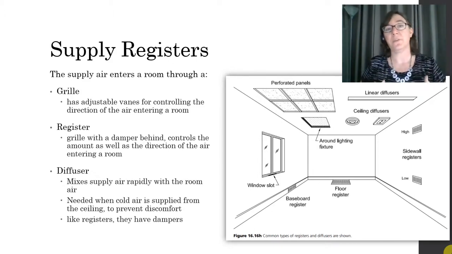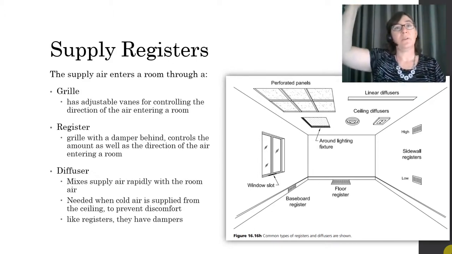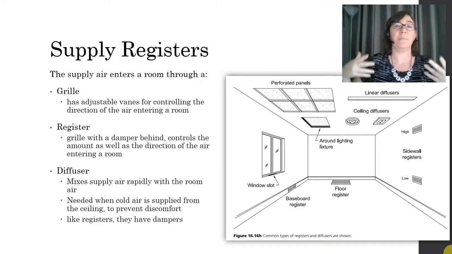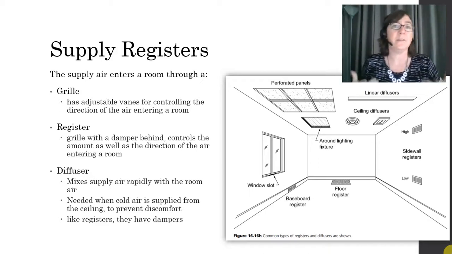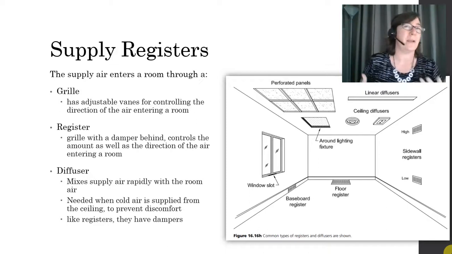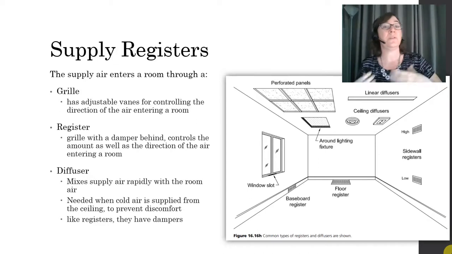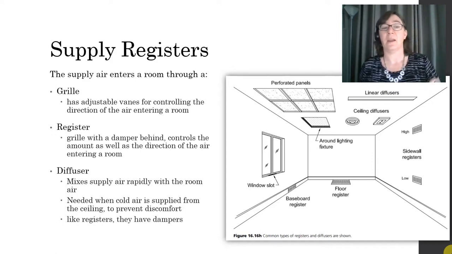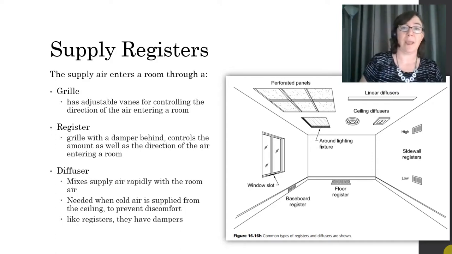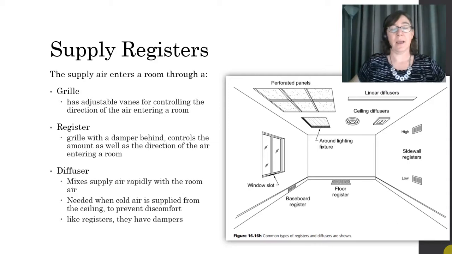And finally, a diffuser is needed when there's cold air coming in from the ceiling, and that often causes discomfort in your users as that cold air hits their head. So you would use a diffuser, which is a piece of equipment that specifically mixes the supply air rapidly with the room air. And just like registers, they also have a damper.